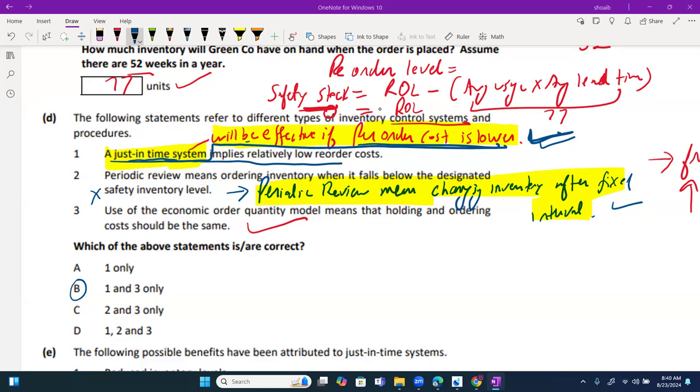So it's not a bulk discount on inventory, it's kind of a bulk order discount. I will not give 1 order, 2 orders, I will give the maximum orders. Yes, just in time is useful when reorder cost is low. Excellent.